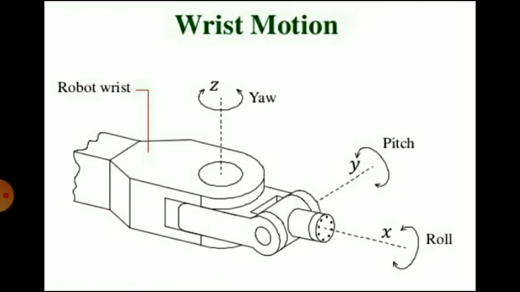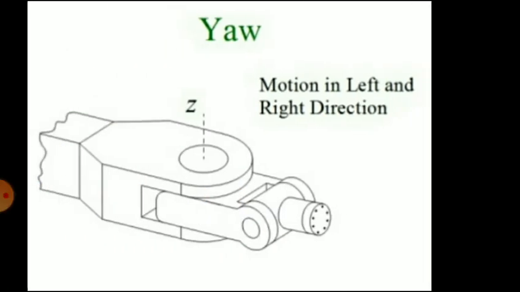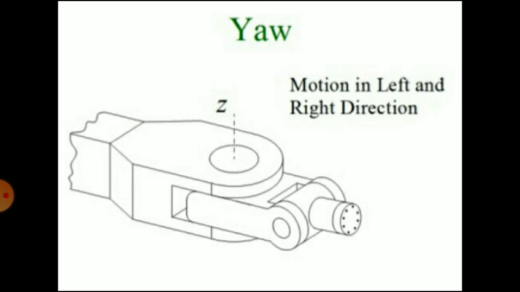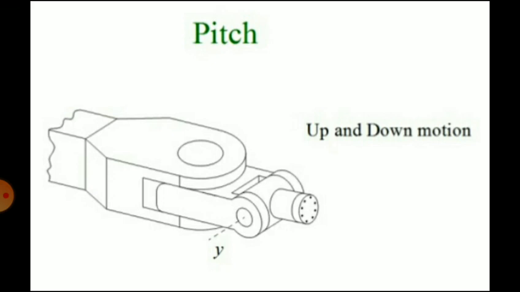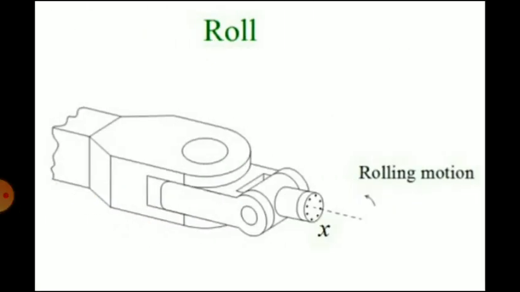You can see the end effector rotate about the x-axis. A separate diagram for the wrist is shown with the degrees of freedom. Yaw is a motion in the left and right direction, pitch is an up and down motion of the end effector, and roll is a rolling motion of the end effector.